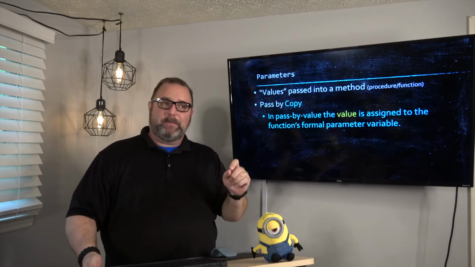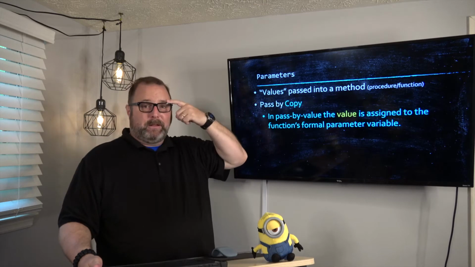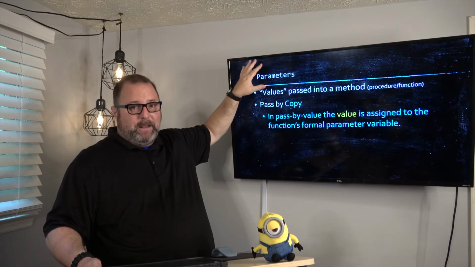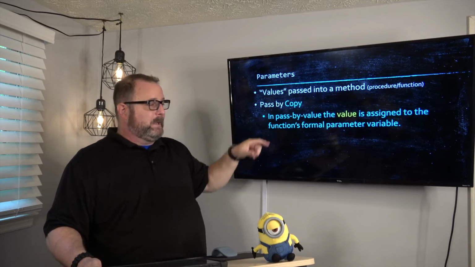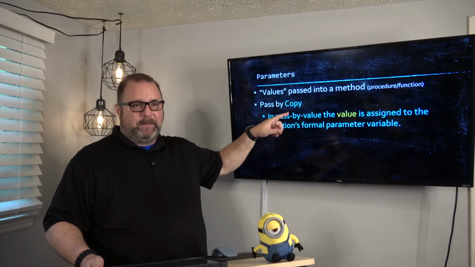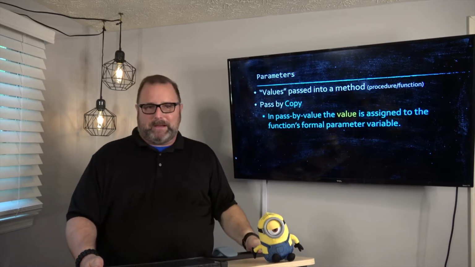Because remember, a variable is a token that points to a memory location. So in pass by copy, I'm going to the variable and finding the value in memory, and I'm copying that value and passing it into the method. Okay, so it's by copy. I think of it as I'm making a photocopy of the value of that variable and sticking that in.